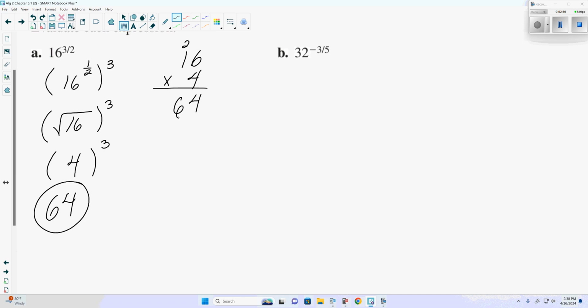Let's look at B. 32 to the negative 3/5. Well, the first thing we need to do is simplify or get that exponent to be positive. So to make the exponent positive, we move it from the numerator to the denominator, from the top of the fraction to the bottom, giving us 1 over 32 to the 3/5.